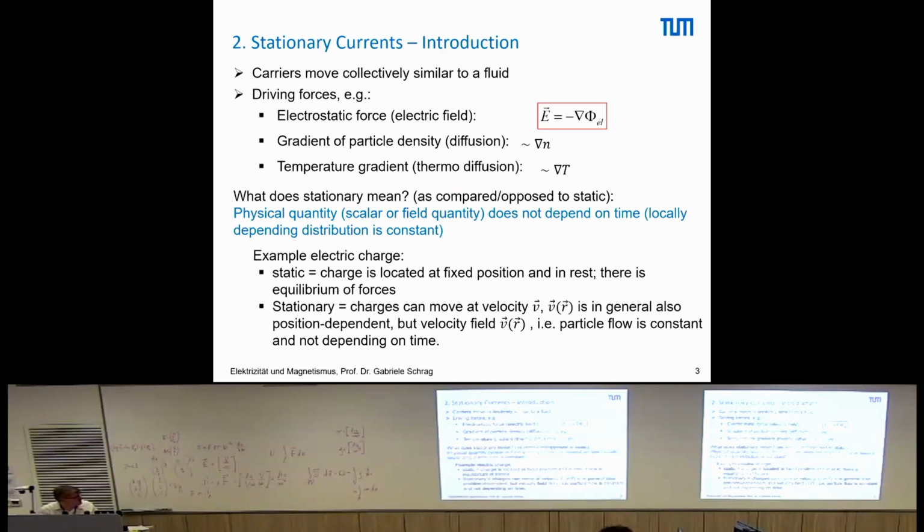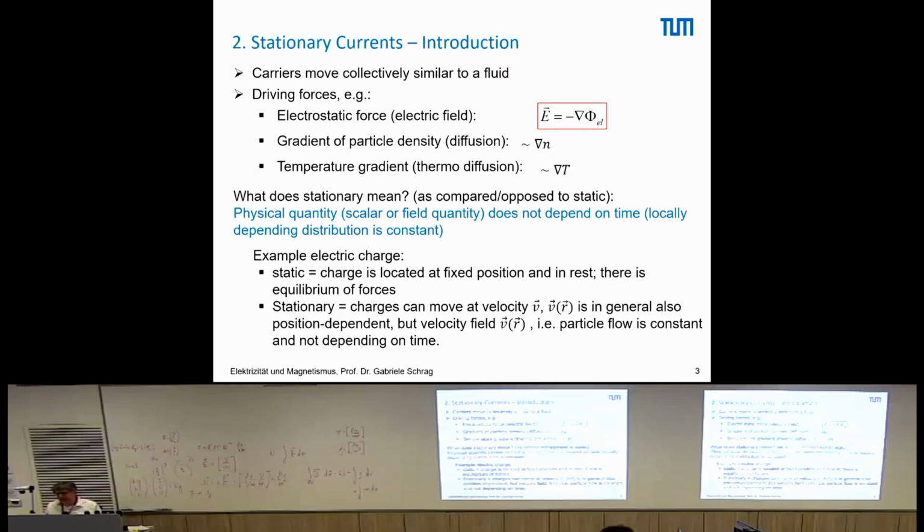This is what we have seen with the Coulomb law. We not necessarily had force balances here, but we were always assuming that our charges are pinned to their location, and we did not account for any motion of charges.